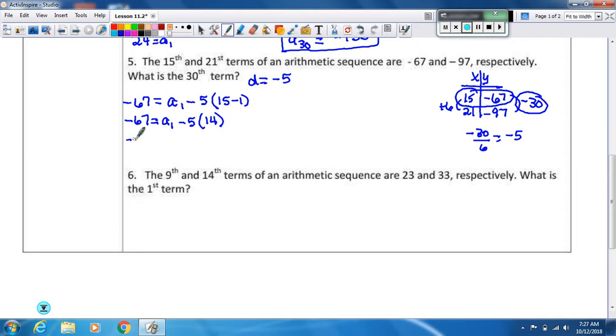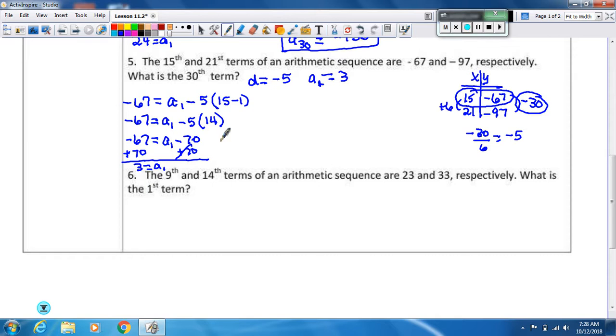So negative 67 equals A1. Negative 5 times 14 is negative 70. I'm going to add 70 to both sides. So A1 is 3. That's A1 there. So A1 is 3.